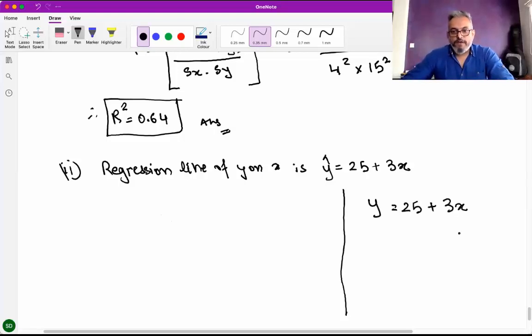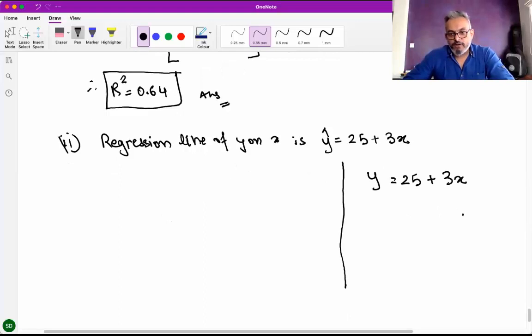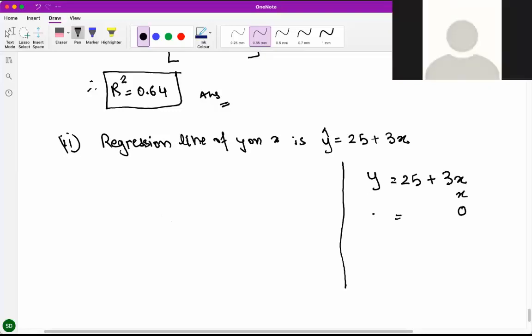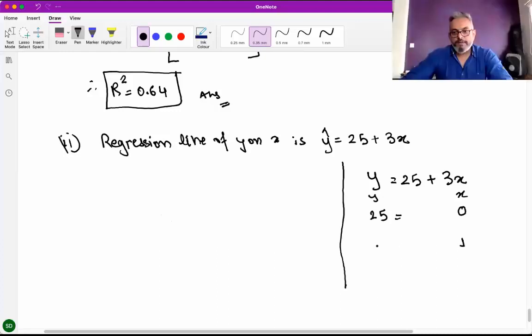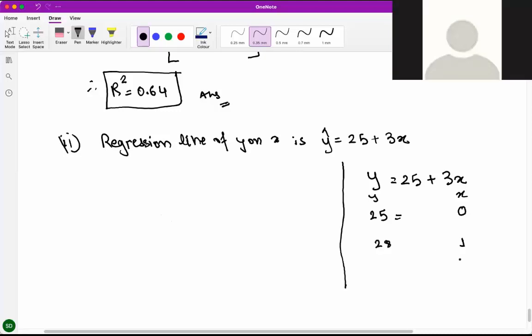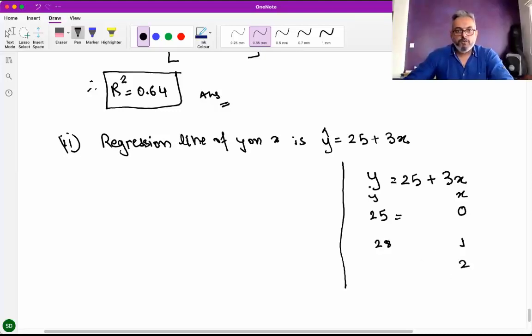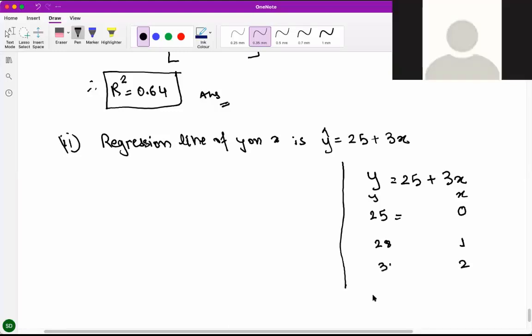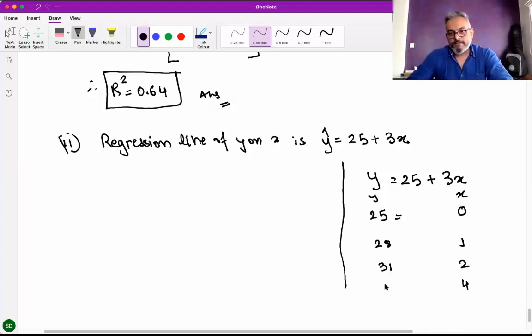So now, when we take x is equal to 0, can you tell me what will be the value of y? 25. 25, very good. If we take x is equal to 1, what will be the value of y? 28. 28. If x is equal to 2, what will be the value of y? 31. 31, yes, very good. x is equal to 4, what will be the value of y?